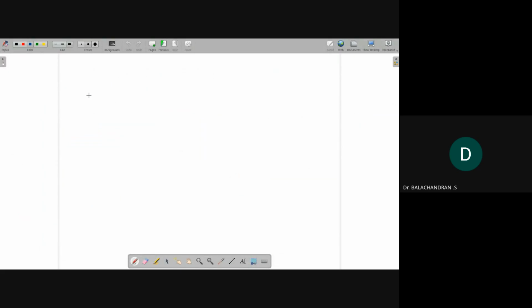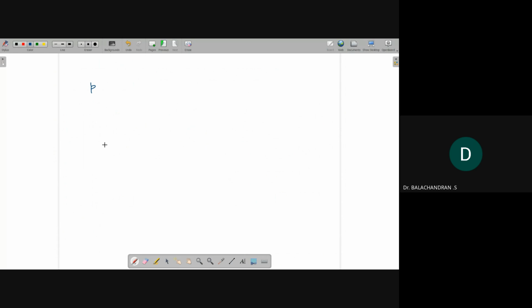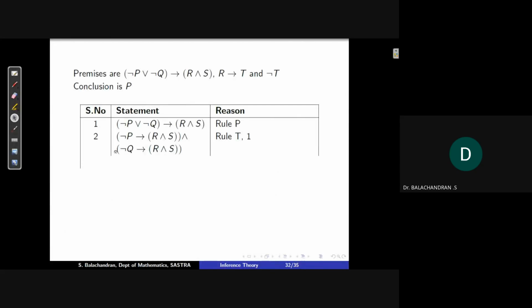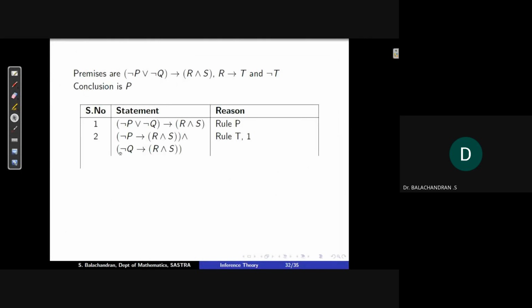P implies R, and Q implies R. P implies R and Q implies what?